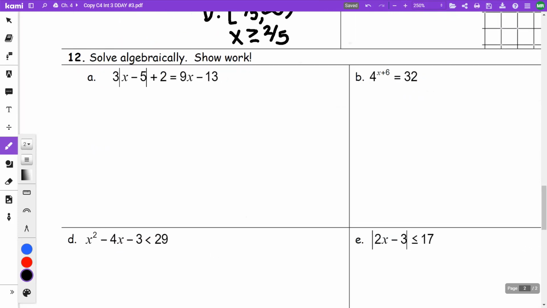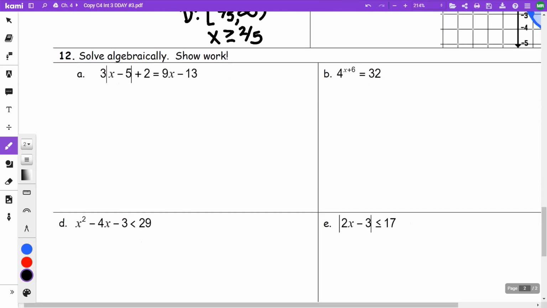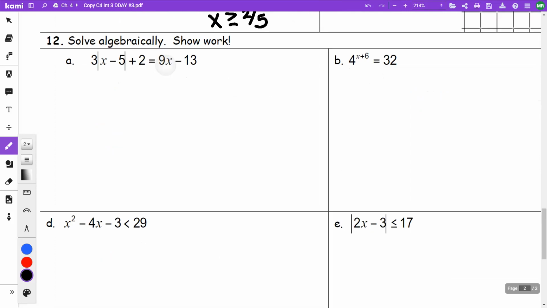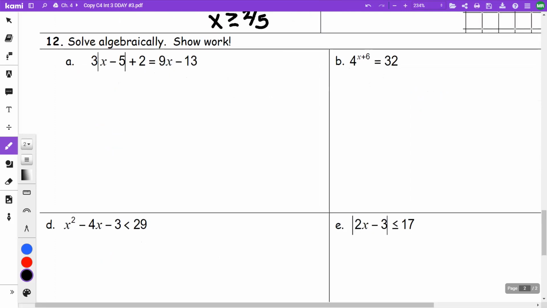On number 12A, absolute value. This is where some of us are having trouble. Do not write your two equations until your absolute value is isolated. So I am first going to subtract the 2.